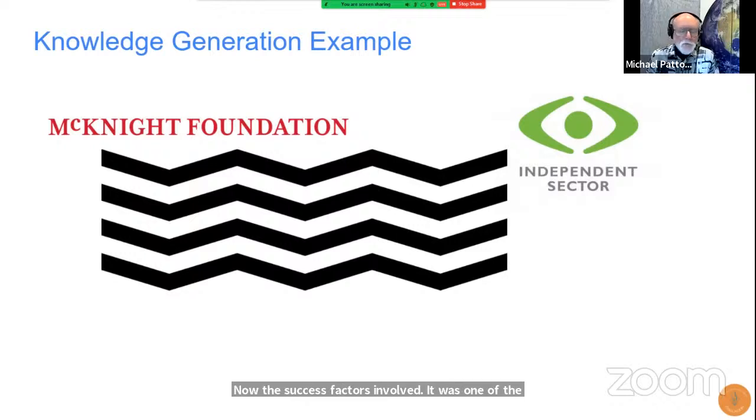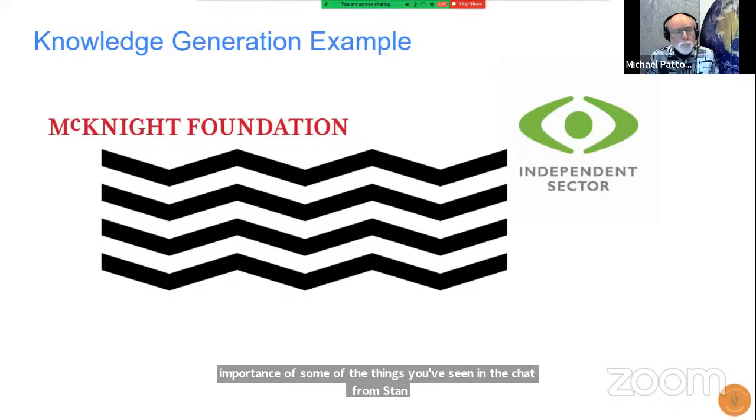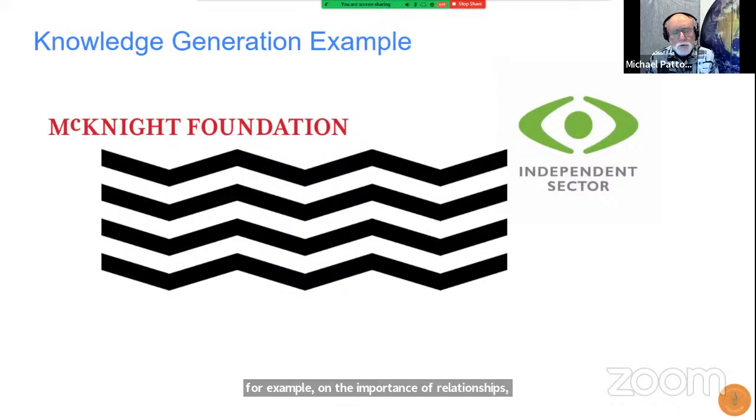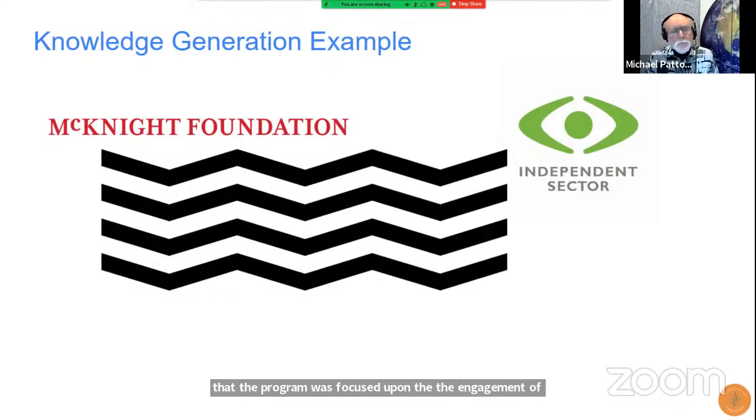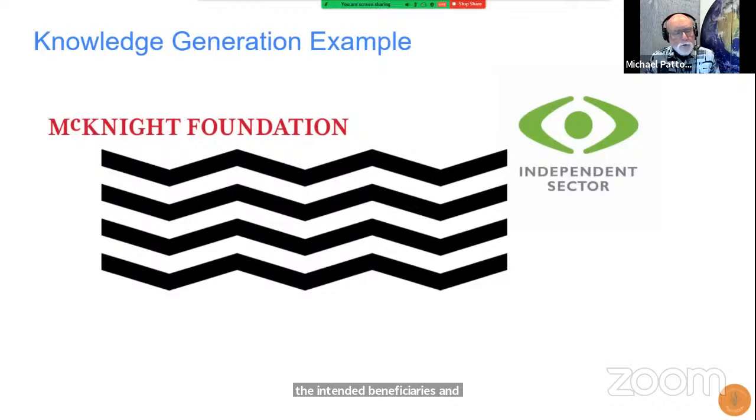And it cut across a large number of their grants to focus on the importance of some of the things you've seen in the chat from Stan, for example, on the importance of relationships being strong, of engaged leadership, of really being sure that the program was focused upon the engagement of the intended beneficiaries, and generated lessons that affected the future funding that the foundation did.